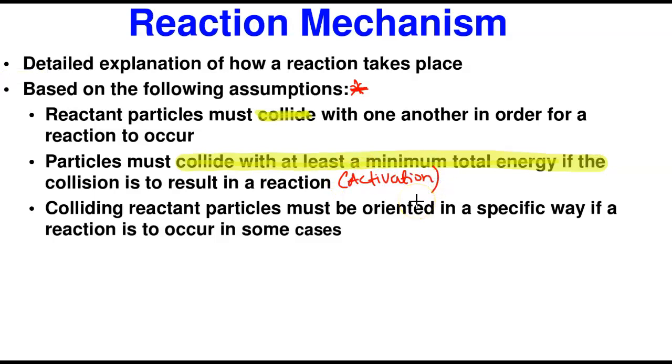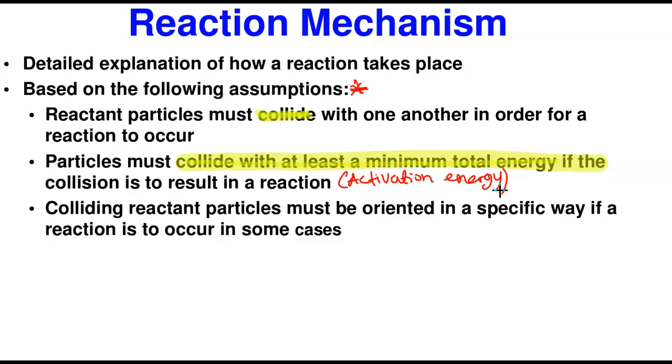Let me just write it in full: activation energy. So it's not just enough for them to collide, but this collision has to be effective in such a way that they achieve that energy. And colliding reactants must be oriented in such a way that they can fit into each other.